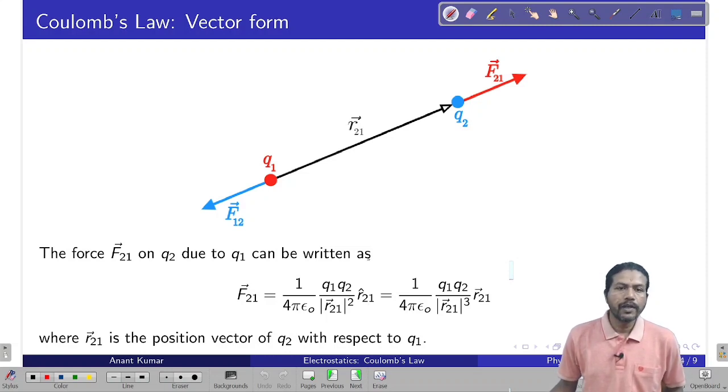Now, because Coulomb's law deals with force and force is a vector quantity, it's useful to write down Coulomb's law in a vector form. That can be done if we take the position vector of the second charge Q2 with respect to Q1 and call it R21. So that is basically giving us the position vector of the second charge with respect to the first one.